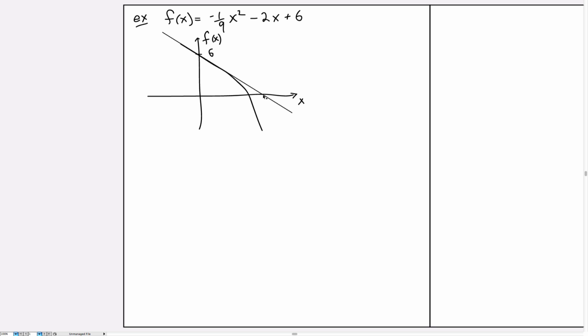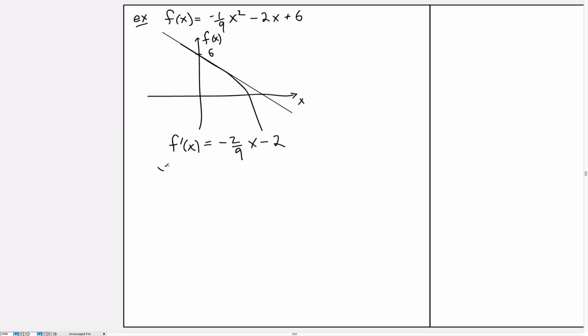So what is this straight line? Well, it happens to be the straight line that we get by this asymptotics approach, but it's also the tangent line at x equals 0. So how do we calculate the tangent line at x equals 0? Before we write the tangent line down, first we need to calculate the derivative of the function, which will be minus 2 over 9 x minus 2.